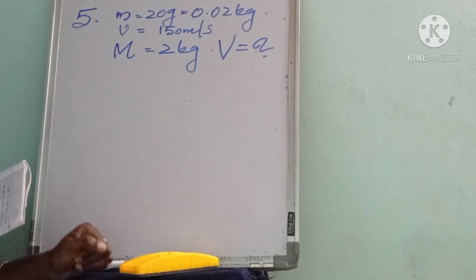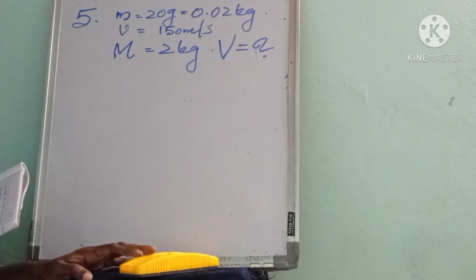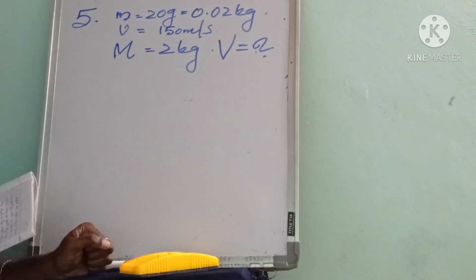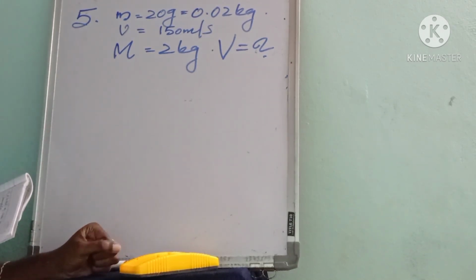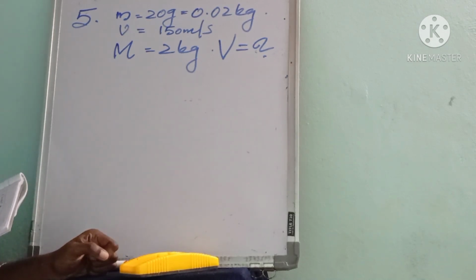Here the recoil velocity can be found by applying the law of conservation of momentum. Last class we studied the law of conservation of momentum, isn't it?